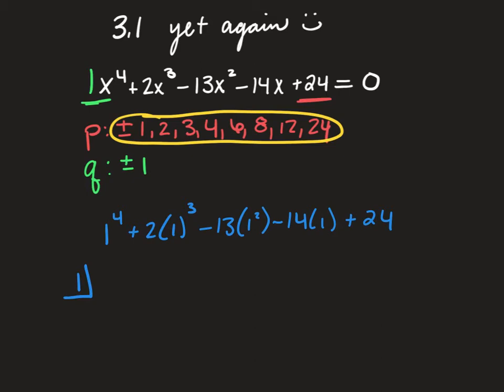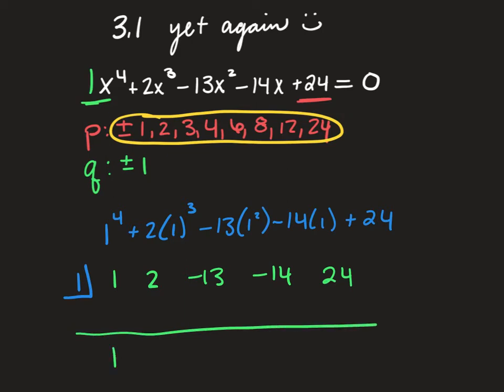So if we're going to put our 1 in the box, then we can bring down our coefficients, which are 1, 2, negative 13, negative 14, 24. This is honestly my preferred method just because synthetic division is a lot easier to me. It gives you smaller numbers to work with.